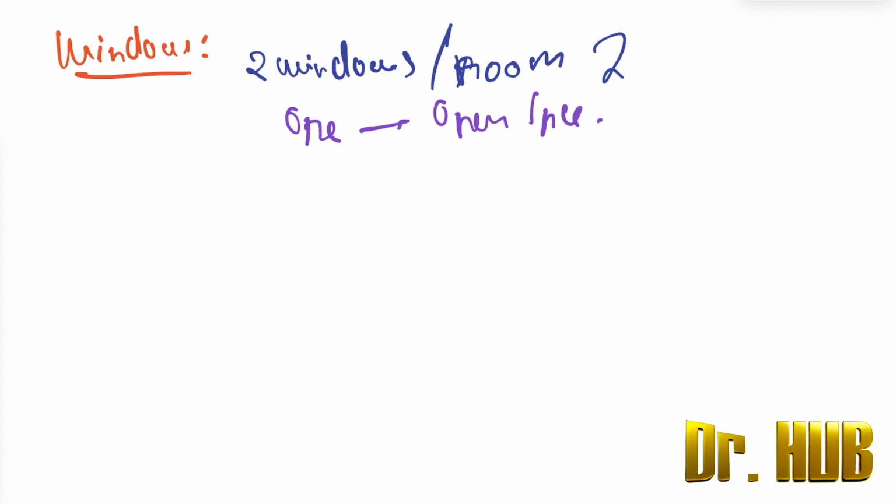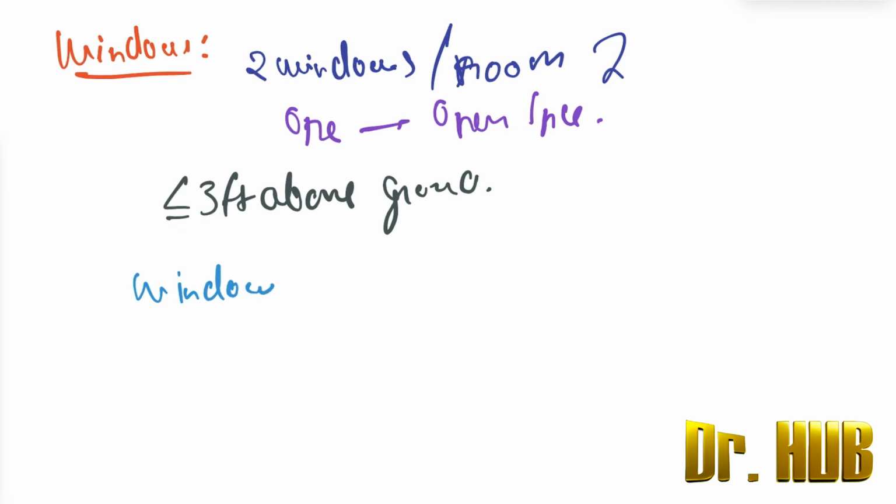The windows must be at a height of not more than 3 feet above the ground. The window area must be 1/5 of the floor area.